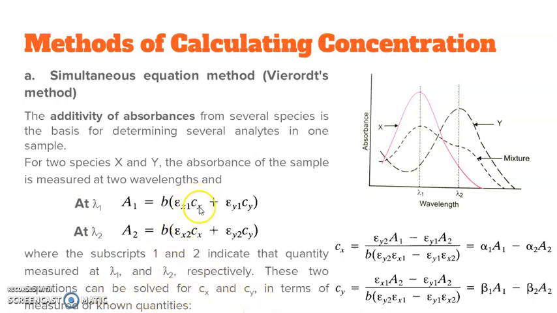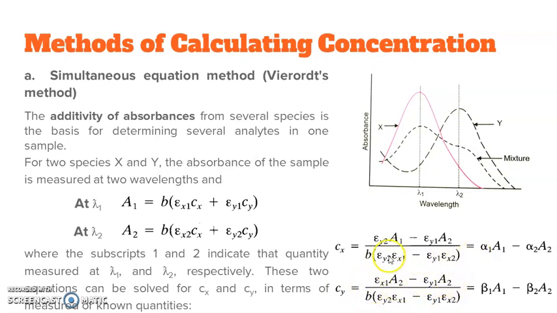They solve for Cx and Cy by the simultaneous equation method, and they end up having this particular equation where Cx is equal to epsilon y2 times A1 minus epsilon y1 times A2, divided by b times (epsilon y2 times epsilon x1 minus epsilon y1 times epsilon x2), bracket complete. And similarly for Cy, they have this value.